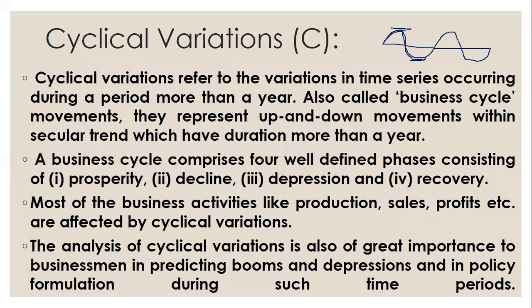After depression they recover, they start rising again, they prosper again, they decline again, they have depression, and again they recover. It is a never ending cycle. It just goes on and on and on. Now all the business activities like production, sales, profits, all are affected by this.